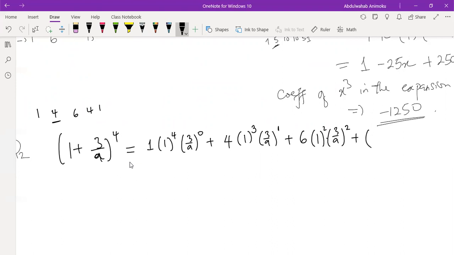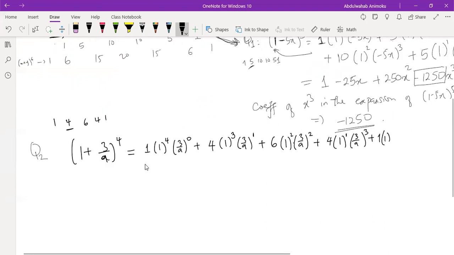Then what is next? I think the next coefficient is 4. Reduce the power by 1, increase the power by 1. And finally, the next space, reduce the power by 1, increase the power by 1. Okay, now the next thing is just to simplify.